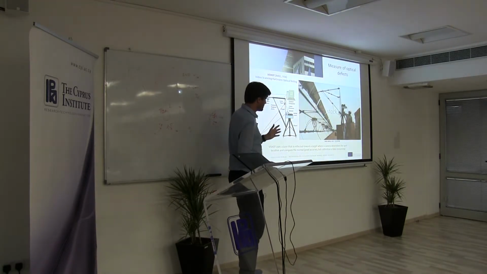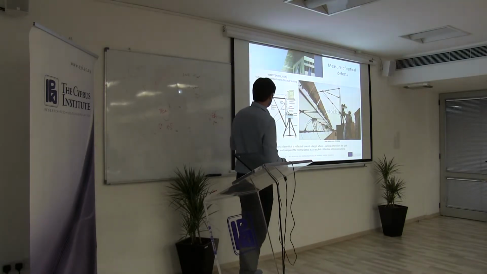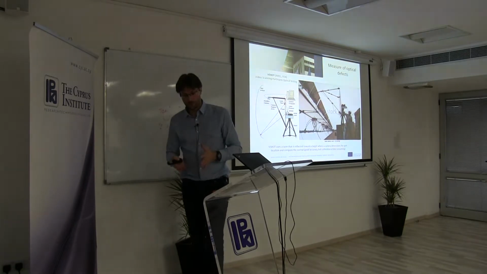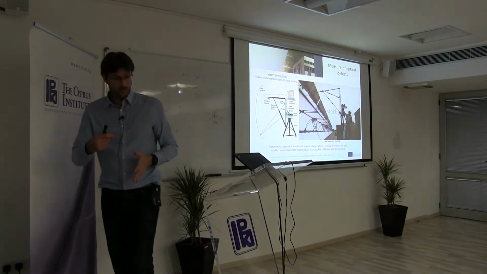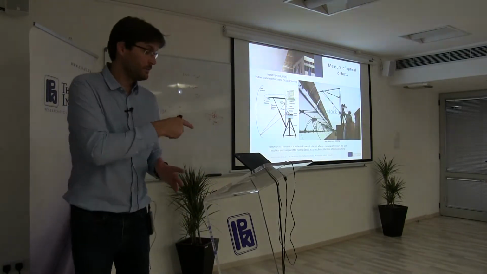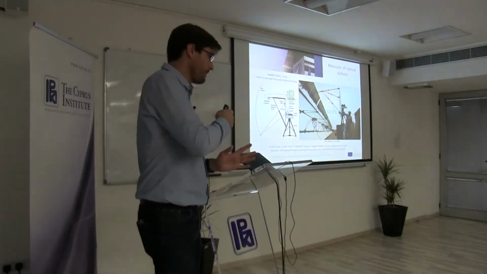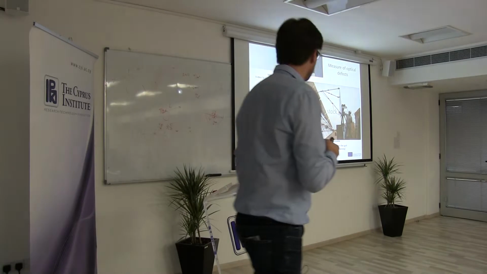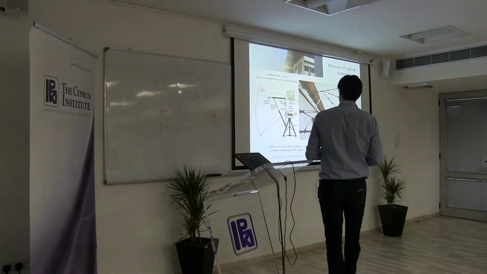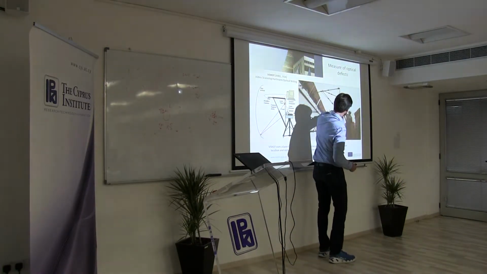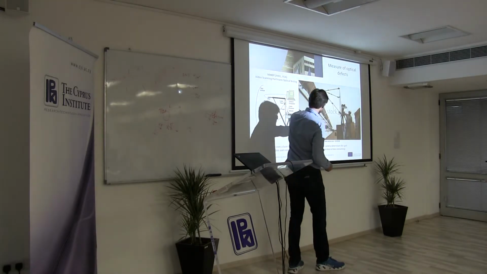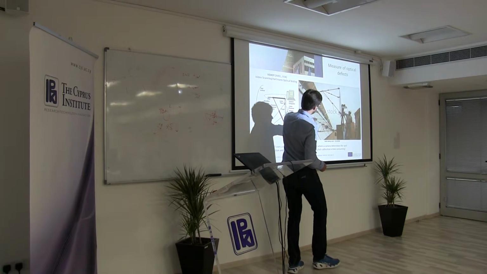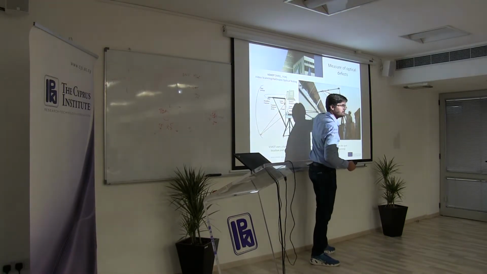So one of the methods is to use a laser to cover all the surface, the mirror surface. And if you know the direction, the position of the laser source, and the position of the target, you can predict, if you know the surface of the mirror, the reflected point. So here you have the source, a laser, that is reaching the mirror, then it will be reflected on the screen here.